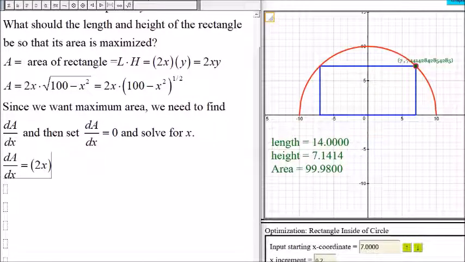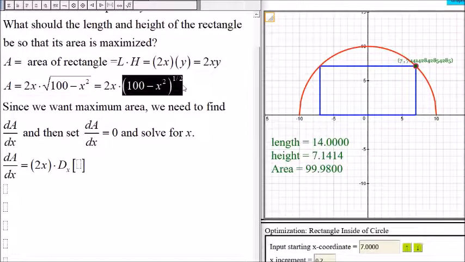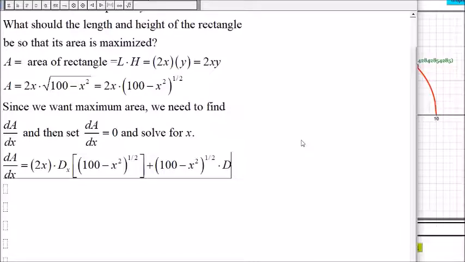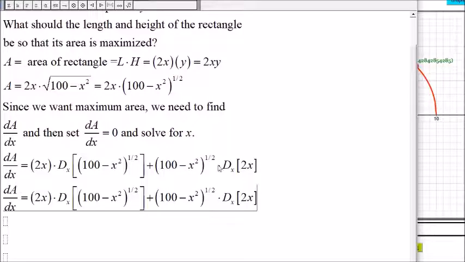It's going to be 2x times the derivative of the second factor, plus the second factor times the derivative of the first factor. The derivative of 2x is just 2. And for the derivative of 100 minus x squared to the power of 1/2, we have to use the chain rule right here.